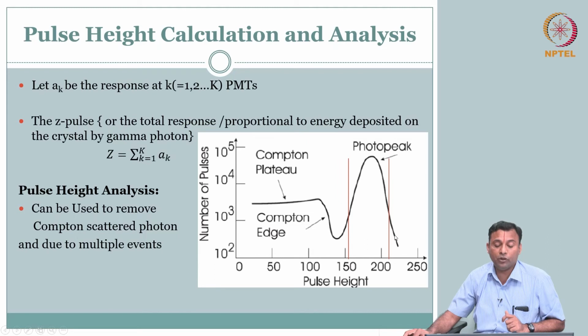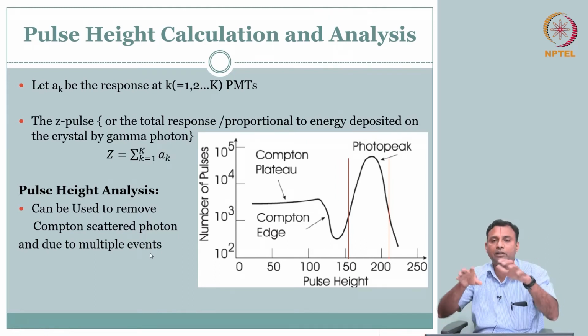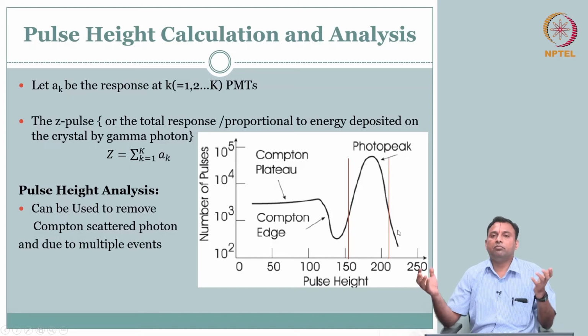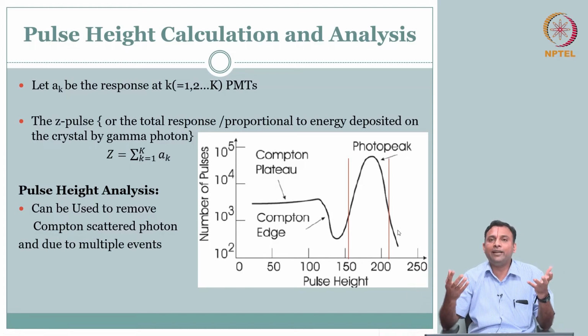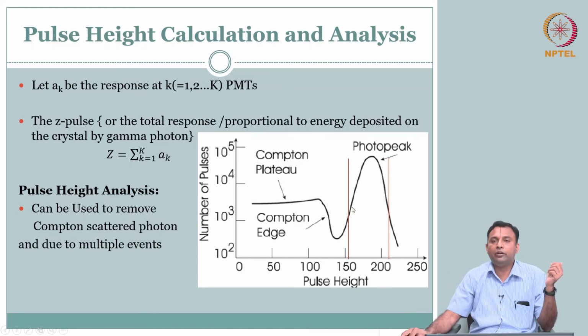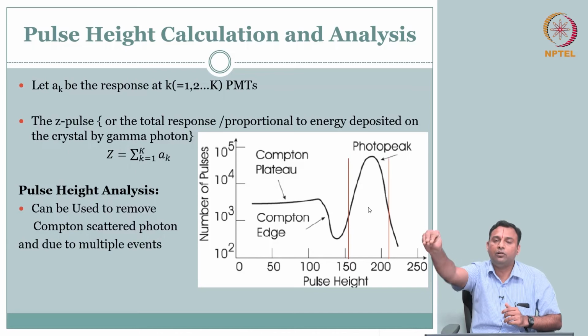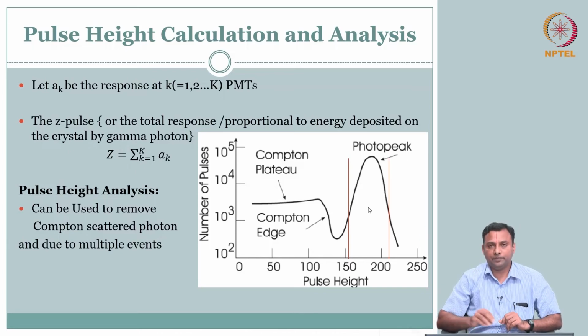Sometimes you have multiple events simultaneously recorded, multiple events coming from different directions, multiple interactions. If that happens, you get more signal, but there is no meaning in saying which interaction you are talking about, because you cannot tease that out. So you have a region where, based on the energy, you can set the tolerance and say that this scintillation is related to the radioactivity, meaning I can use this scintillation information to locate where it came from in the crystal, and therefore where it came from in the object.